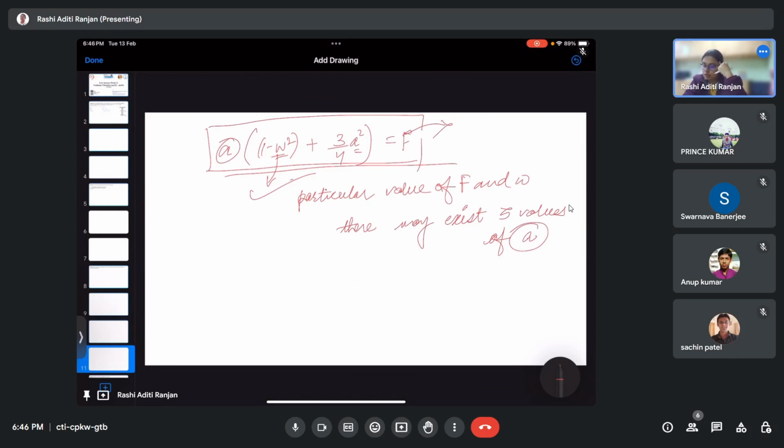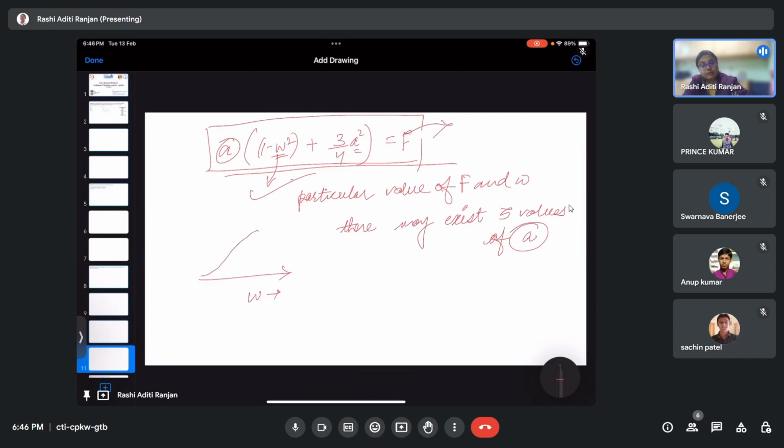So then what is this? Well, this is what we call the jump phenomena, wherein as omega increases, it may happen that its oscillation amplitude increases.